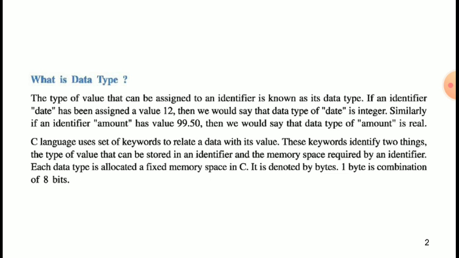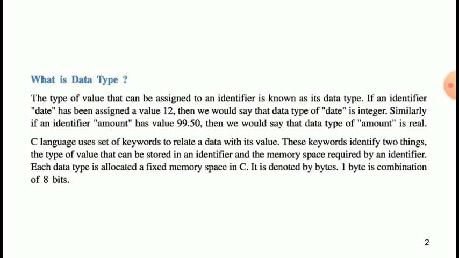An identifier is associated with its data type using the syntax data type identifier 1 [, identifier 2, identifier 3, ..., identifier n]. The contents written in square brackets for the given syntax are optional.